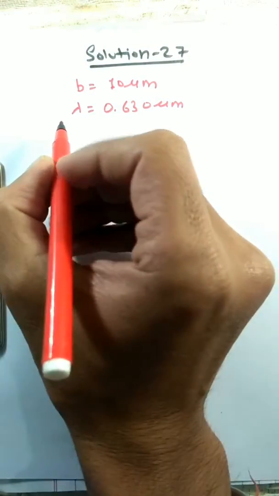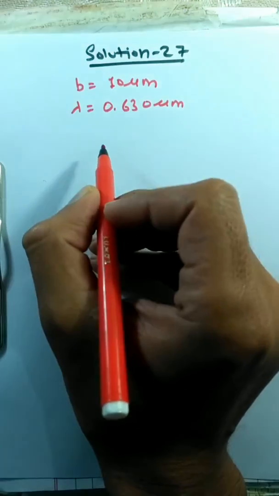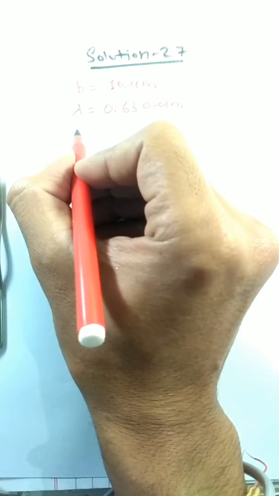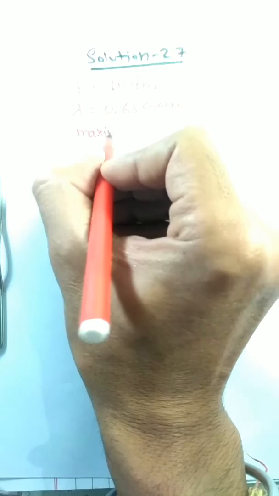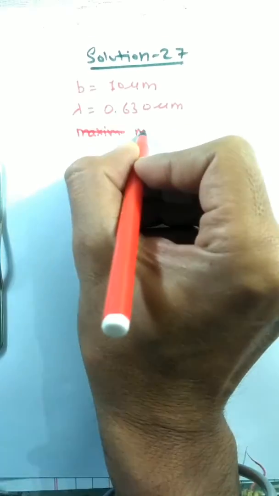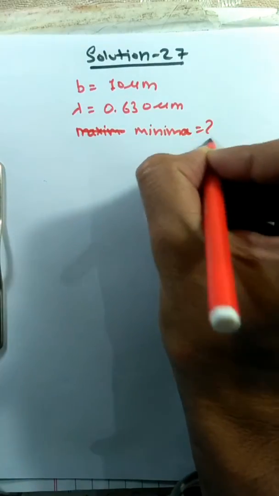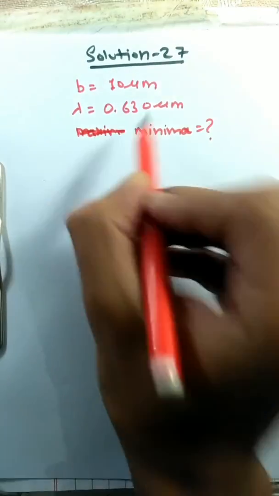Since this is a case of Fraunhofer single slit diffraction, we have to find the maximum number of minima.